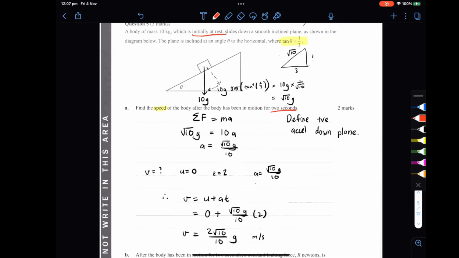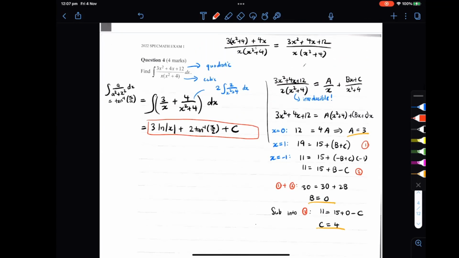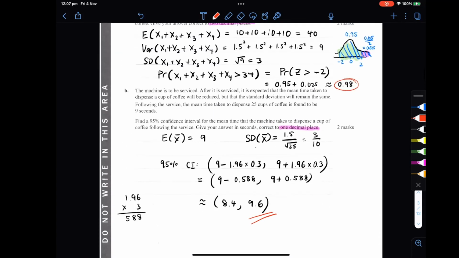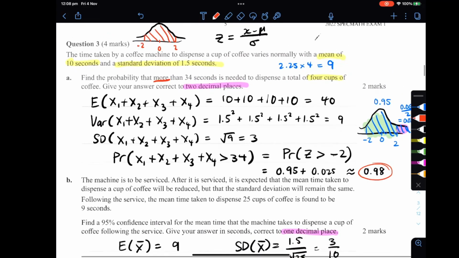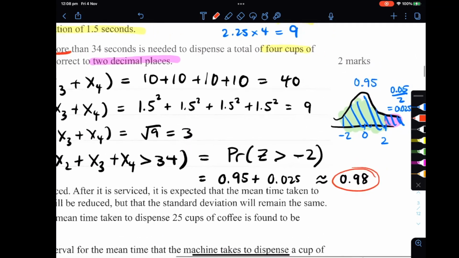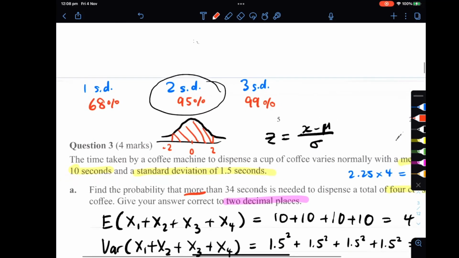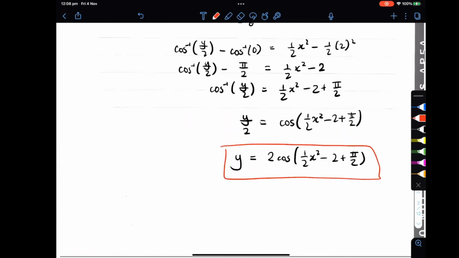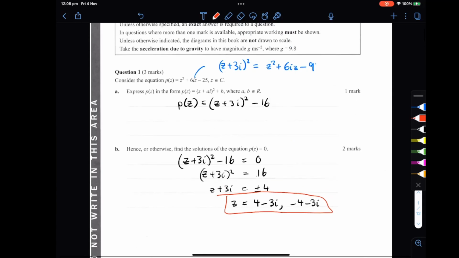That's okay as well. Alright. This was a bit nasty. In future years, you need to remember to memorize your standard deviation values, these ones. You need to memorize them for the future. This is fine. This is fine as well.